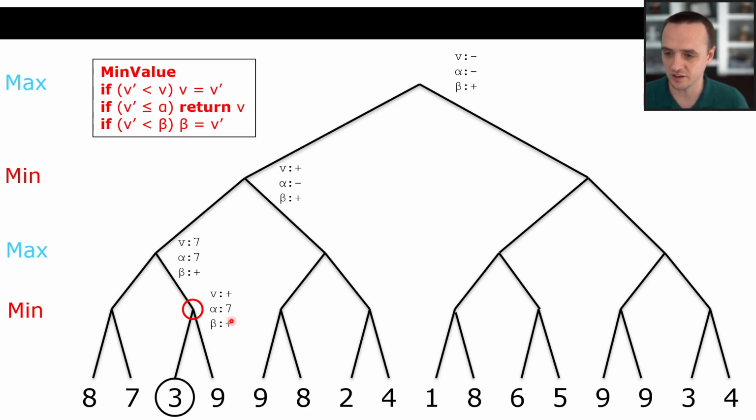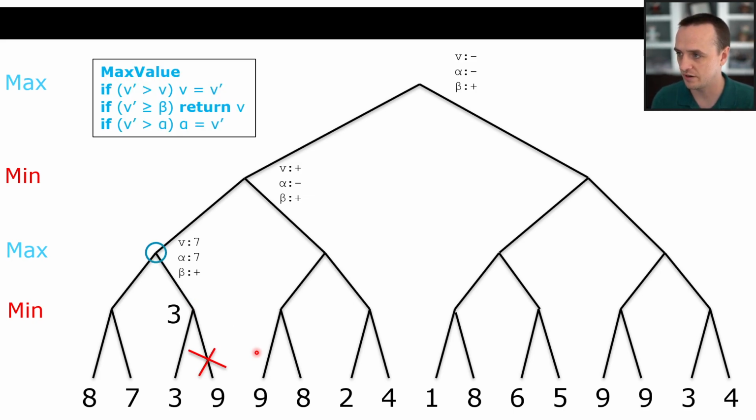So what this means is, at some point higher in the tree, namely right here, this node knows that the value it's going to get is going to be at least 7. But we're currently minimizing with a 3, so I know that the value that gets propagated upward is going to be at most 3. So that's not going to be at least 7. So it doesn't matter what this value is. I can just stop my computation right here and return the value of 3.